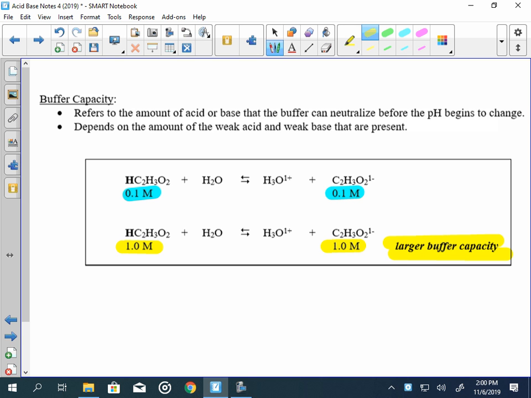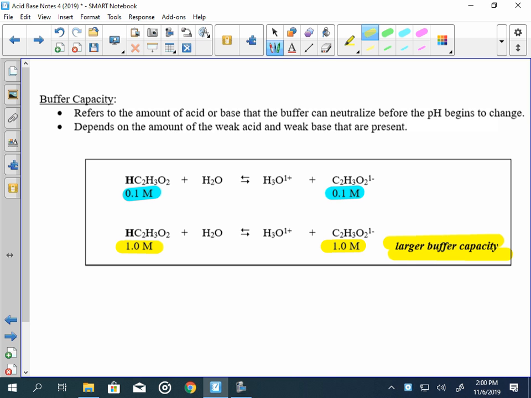They did a great job of naming it, in my opinion. Buffer capacity: how much can you handle before the pH changes drastically? Buffers will fight it, and then eventually you have exceeded the capacity of the buffer, much like the sponge. So that's buffer capacity.